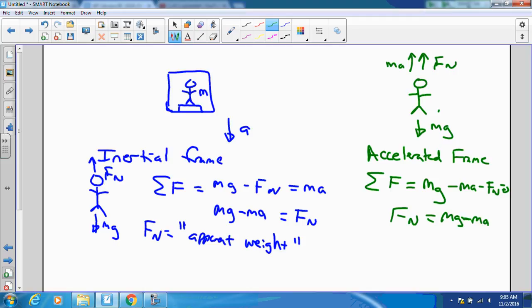So that Fn is automatically mg minus ma. We get the same equation that we have here. And this is still his apparent weight, but now his apparent weight takes on new meaning. In the accelerating frame, he literally weighs mg minus ma.